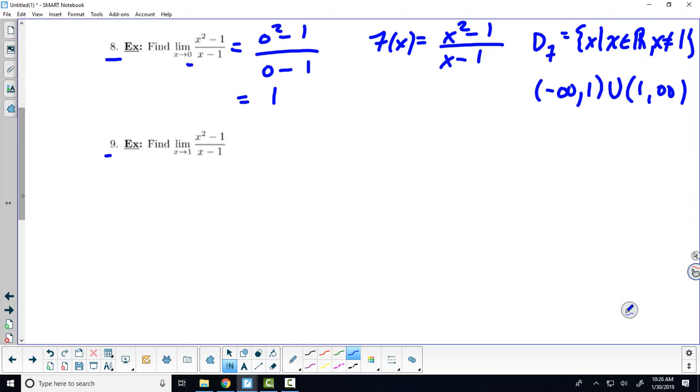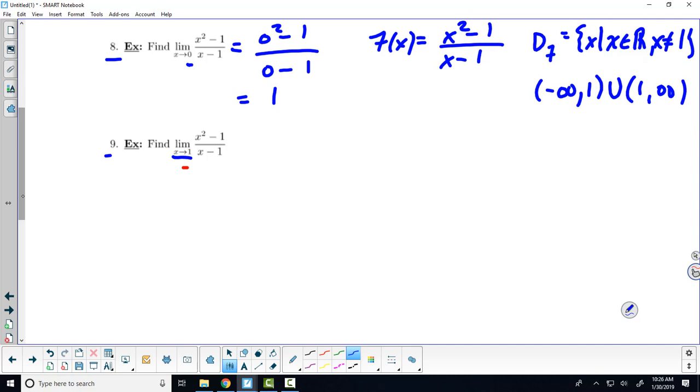Okay. All right. What's the difference between question 8 and question 9? One isn't in the domain. So everyone hear what Freddie said? The limiting value here is 1. Okay? The limiting value here is 1, and 1 is not in the domain of this function.